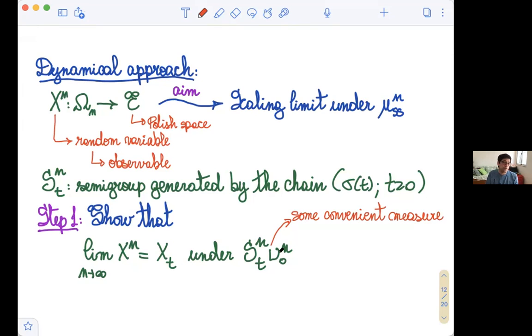Because if you change the measures on your space, you change the distribution of the random variables, and then you change your theorem. So what you do then? You let the chain evolve up to time t, and you look at your observable at that time, and you see whether this guy has a limit or not. Okay. So it may have a limit, it may not have a limit.